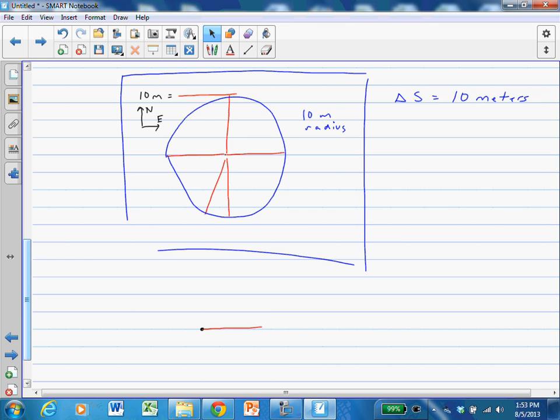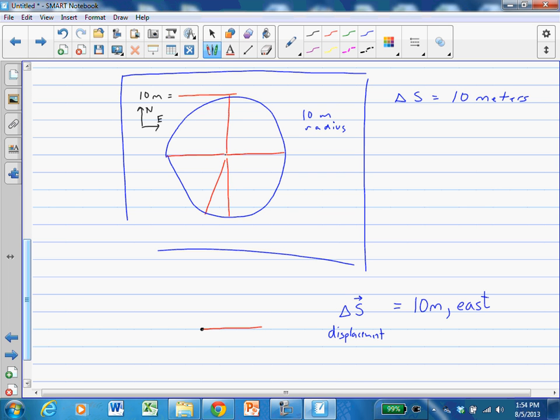Now we don't have just a change in position, but we actually have what's called displacement, which is a vector quantity, and it looks like this. Delta S, but the S has an arrow over it, and this is called displacement. And in this case, it would be 10 meters east. We've changed our position, but we've changed our position in the direction east, 10 meters east.